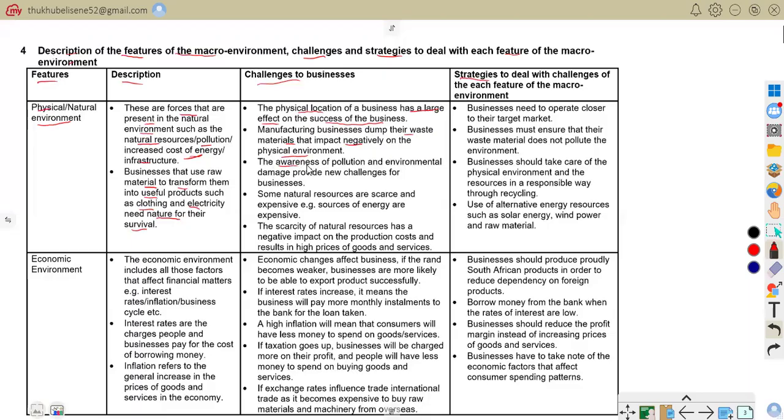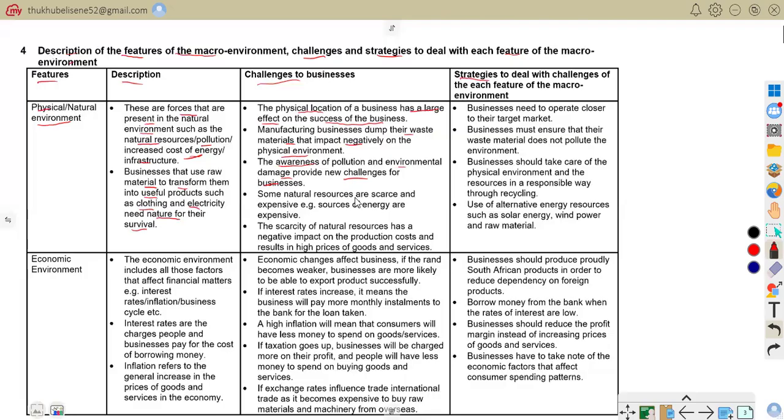Also, it says the awareness of pollution and environmental damage provide new challenges for business. So here we're talking about the awareness of pollution that creates challenges. You find consumers expect what? Eco-friendly practices. For example, customers avoid companies that pollute.